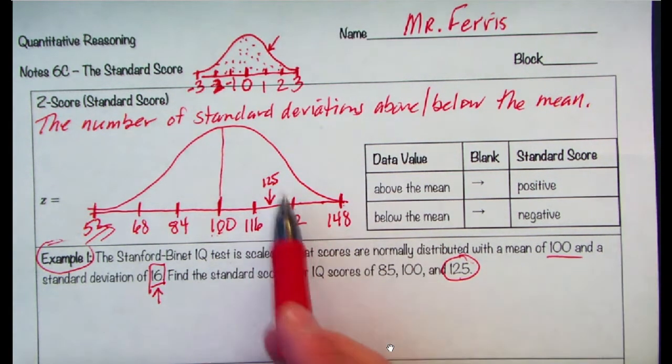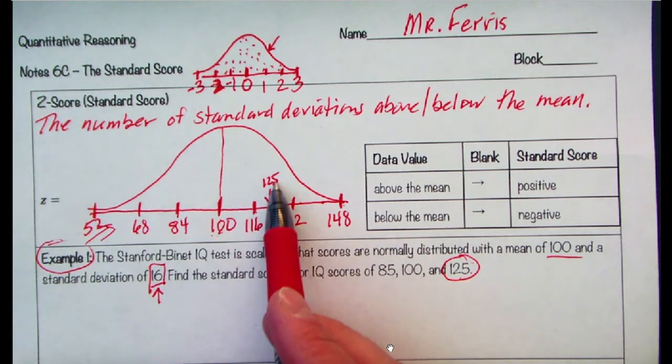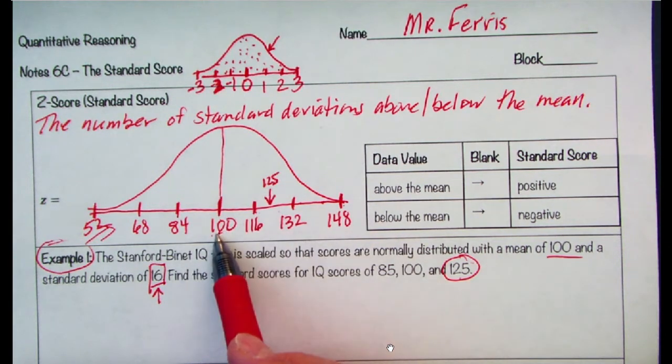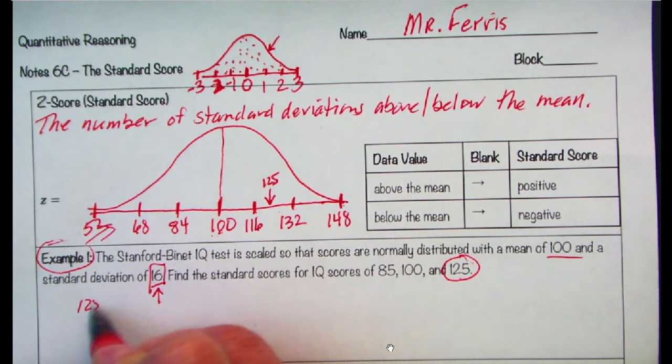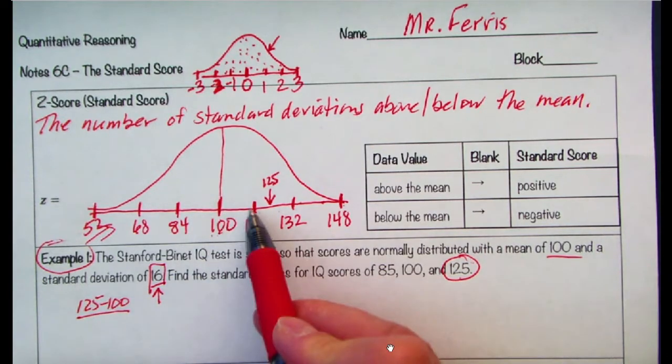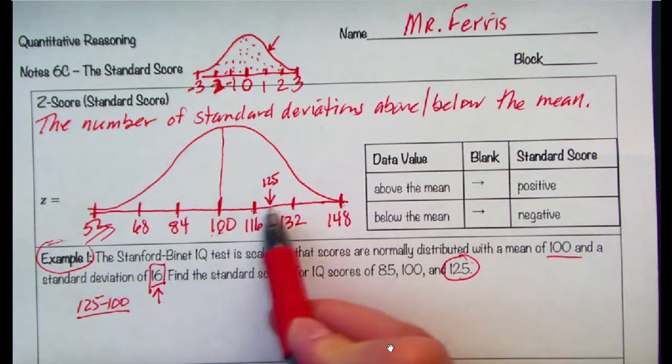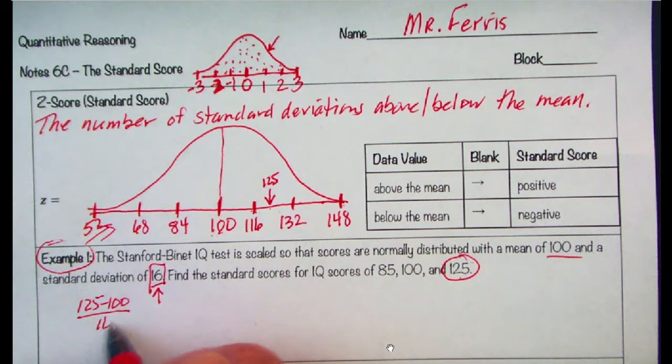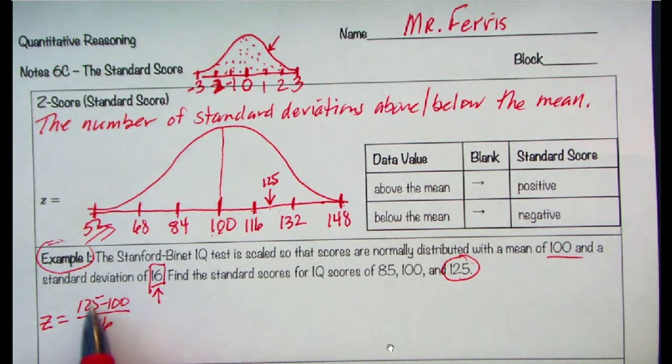First of all, you want to figure out the difference. How far away are you from 100 to start with? Well, 125 minus 100 is 25, but we want to know how many 16s are there in that difference. It turns out that the z-score formula involves 3 numbers. You need the value where you are, you need the mean, and you need the standard deviation.